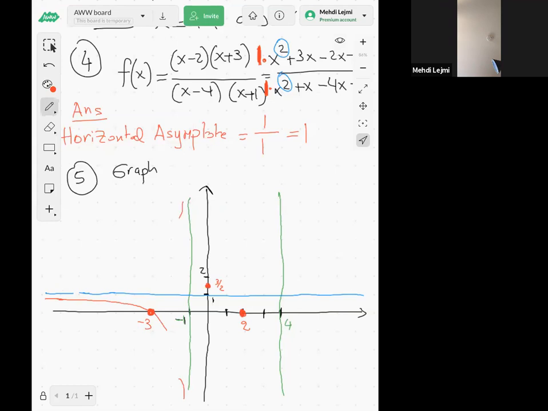So there are two options: either you go up or you go down. But if you go up, you're going to cross the x-axis and have an x-intercept there, but there's no x-intercept there. So you have to go all the way down, right? We are not allowed to cross the x-axis there.